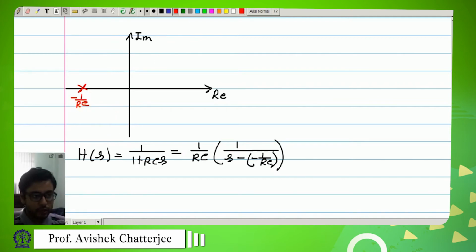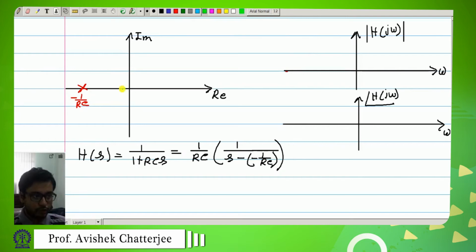Okay, now for different values of omega along this axis, we will draw vectors like this, starting from this pole to a desired omega value.